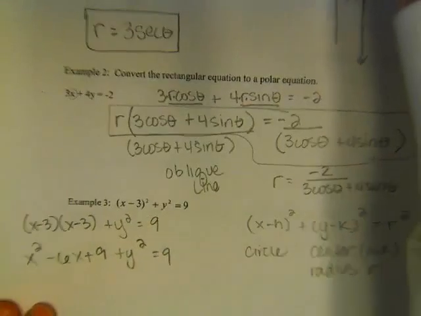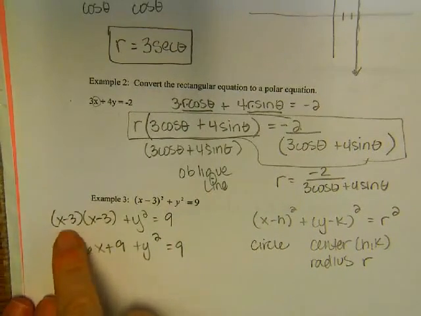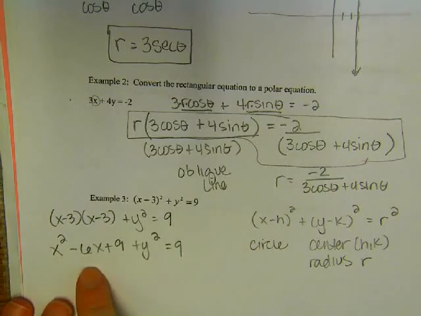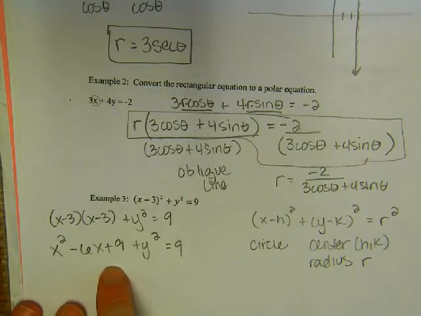Alright, so when I multiply this out, I simplify to get x squared minus 6x plus 9. If I were to subtract 9 from both sides, what would happen here?